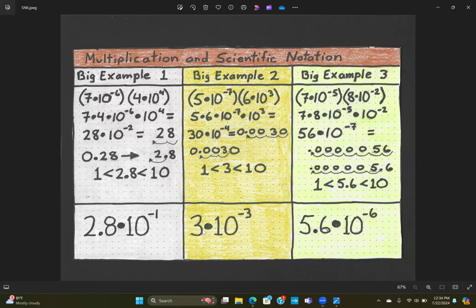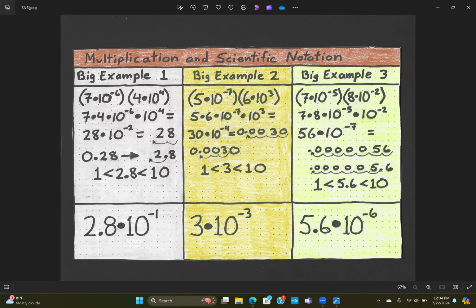And we're going to use that 3 for our new scientific notation expression, in which we have 3 times 10 raised to the negative third power. Notice right here we have 30 times 10 raised to the negative fourth power. But when we move that decimal one more place back to the right, it becomes 3 times 10 raised to the negative third power. Hopefully we can see that pattern as we move on to big example 3.